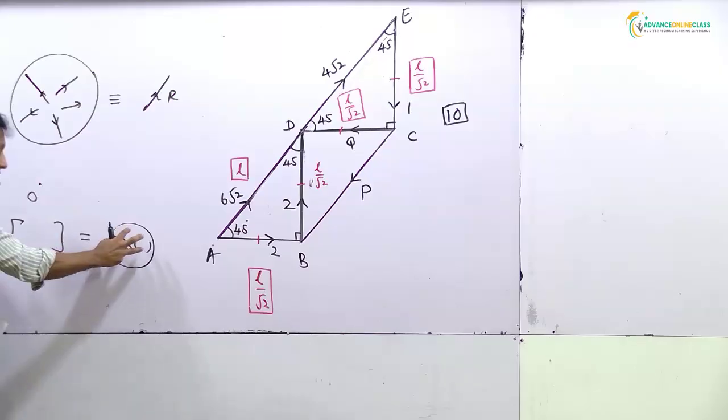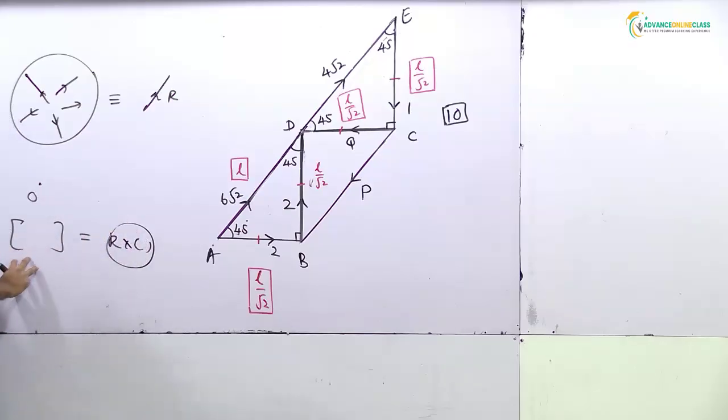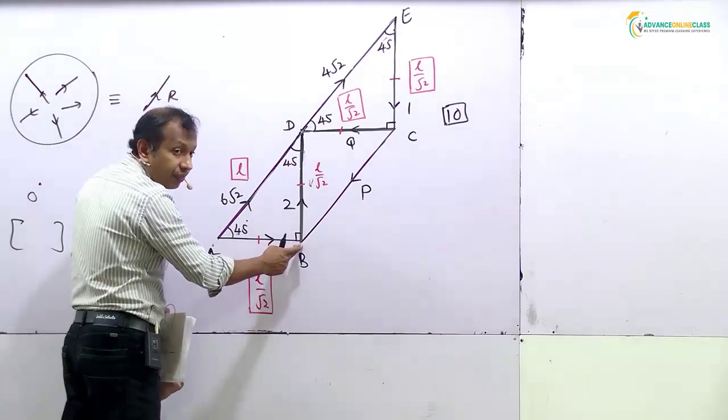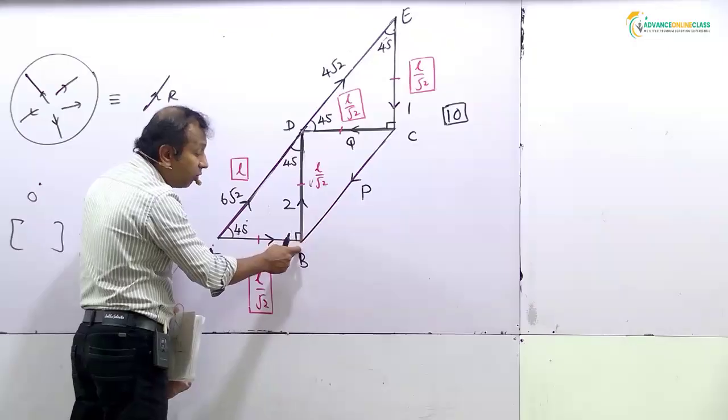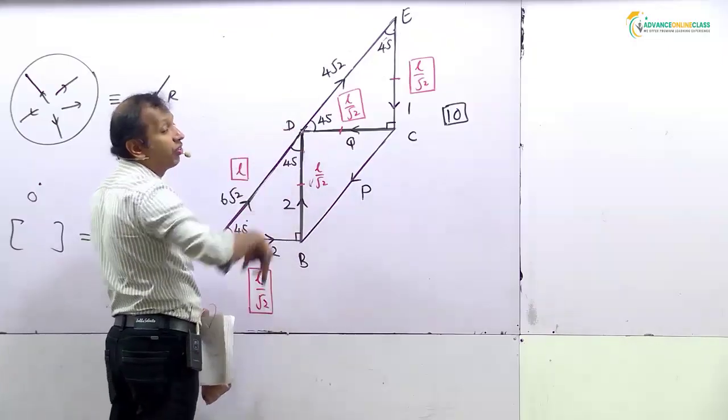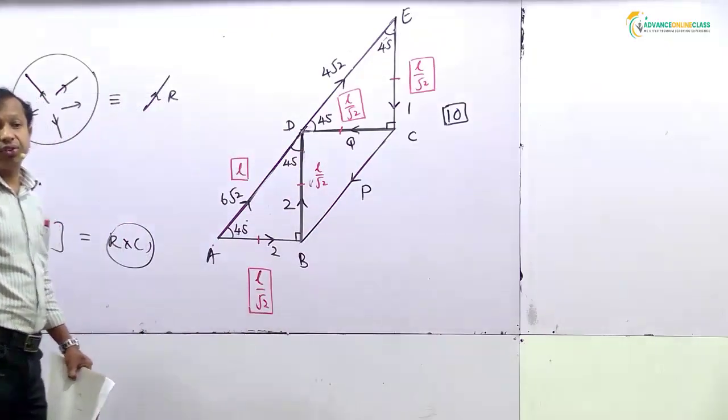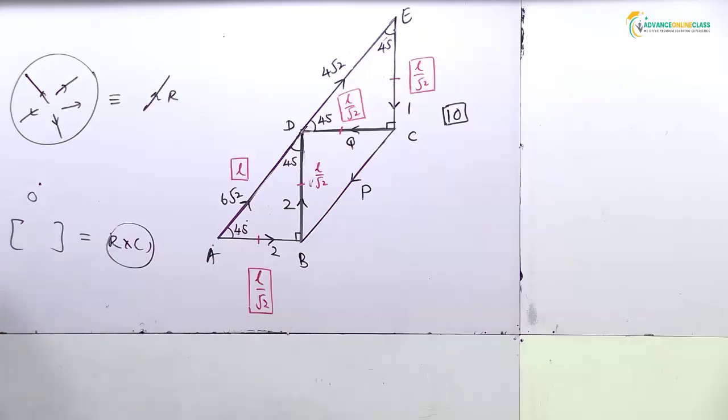That means around D, the algebraic sum of the moments of the forces should be 0. Not only D, since the resultant passes through point B, again around B, the algebraic sum of the moments of the forces should be 0. Then we take moments around B and D to find P and Q.